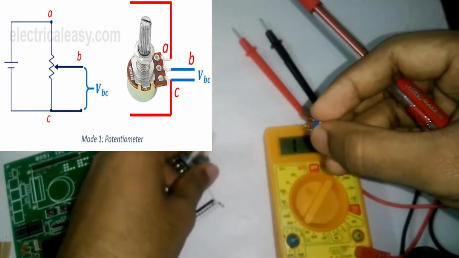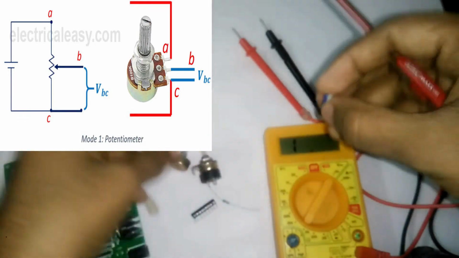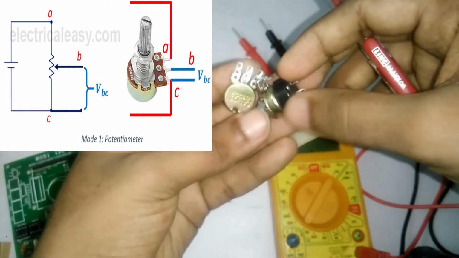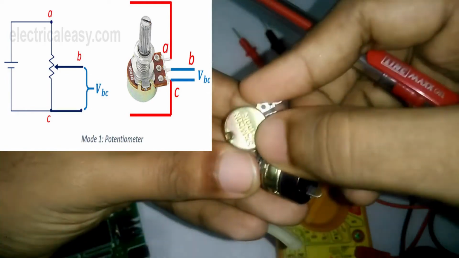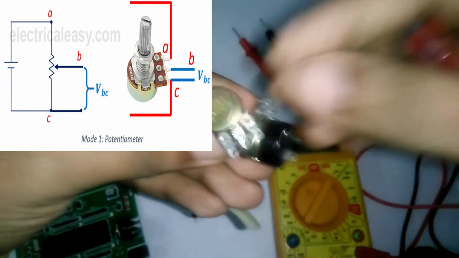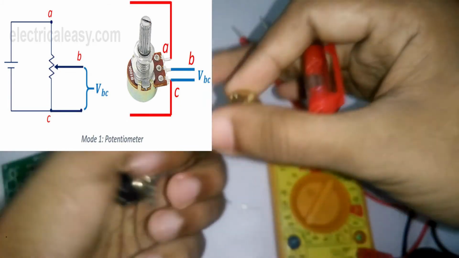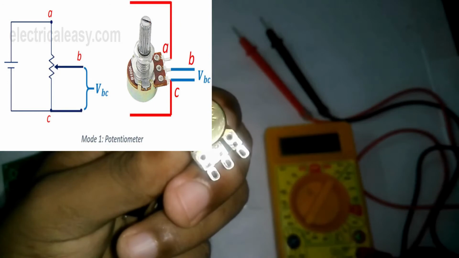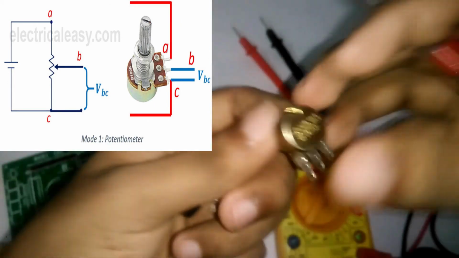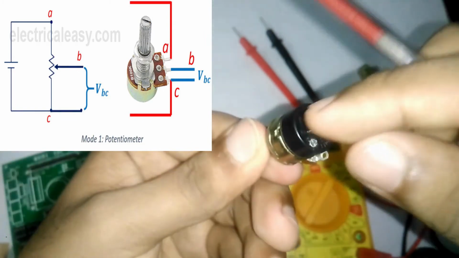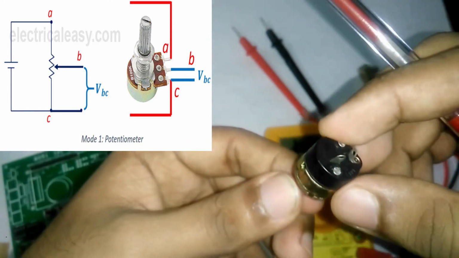In this kind of resistor the value is already given here, 10 kilo ohm. Here it's not given. Okay, yeah, it's given, you can see here 100 kilo ohm. This one is 100 kilo ohm, you have seen here. And this resistor is 10 kilo ohm. It's not written here, but this one is 10 kilo ohm.